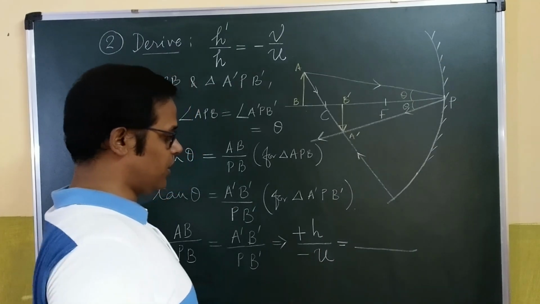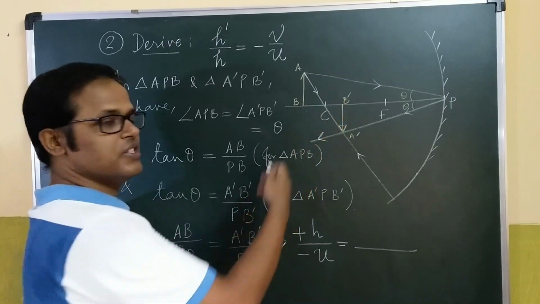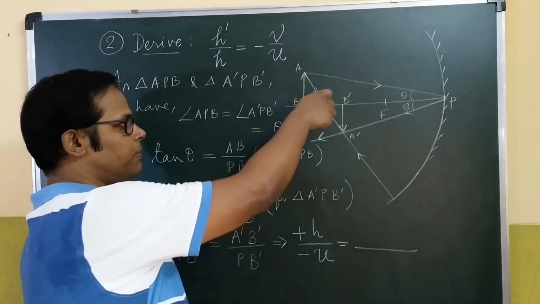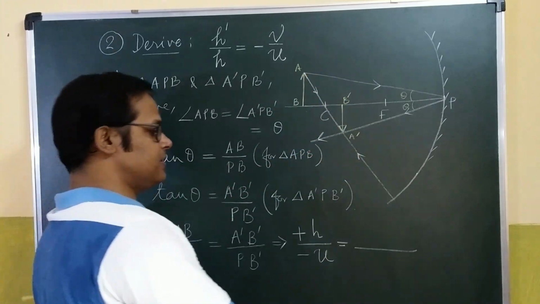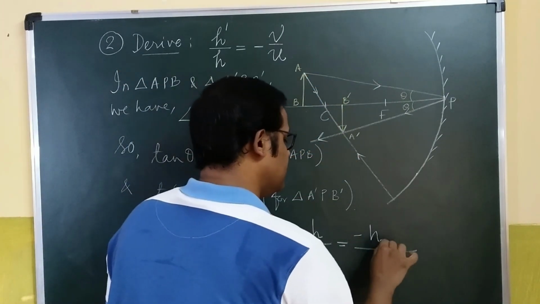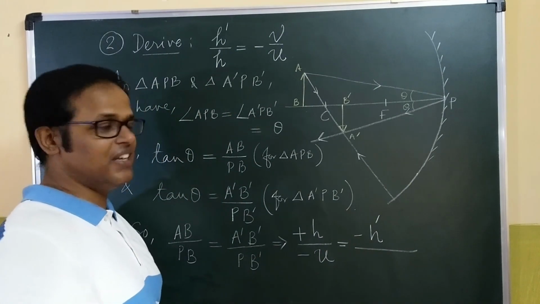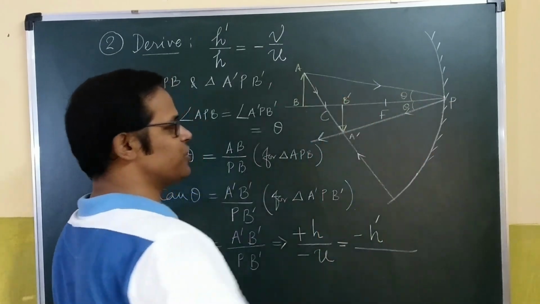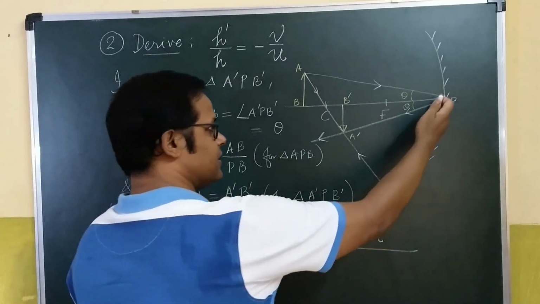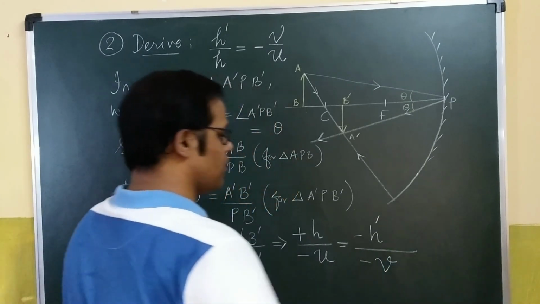So now we can write very easily for this A dash B dash, which is nothing but the height of the image. Please, my dear students, observe it. It is a distance measured below the principal axis. So I should be writing minus h prime. H prime is the symbol for height of the image. And PB dash is the image distance. Again, it's a distance measured to the left hand side. So I should be writing minus of v.